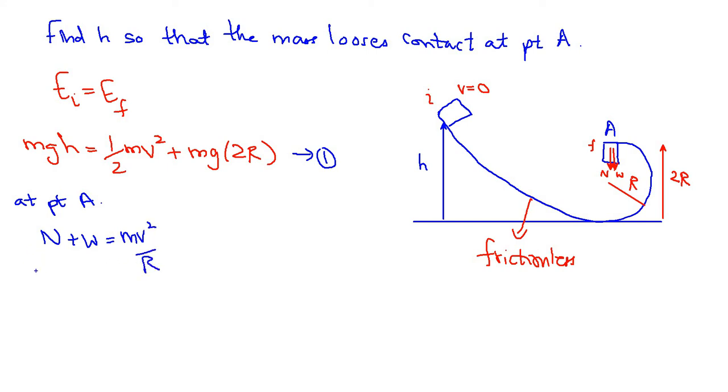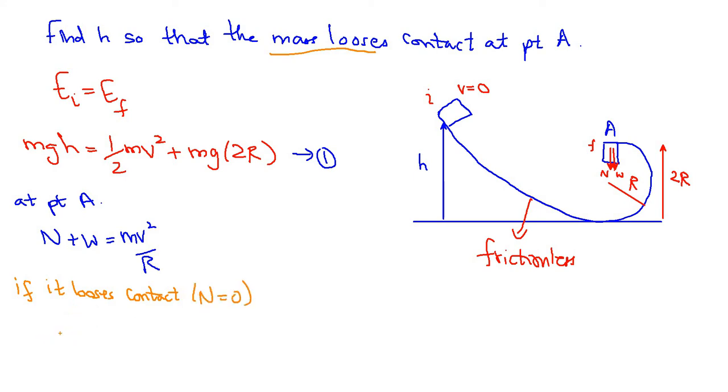We have been given a condition that the mass loses contact. That means if it loses contact, then n is equal to 0.